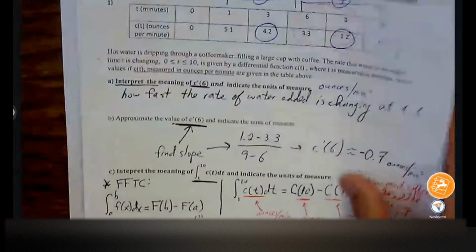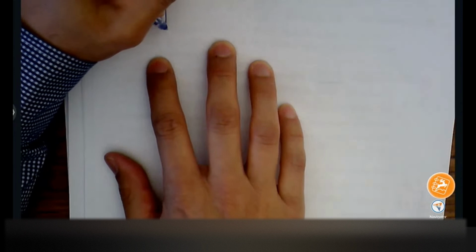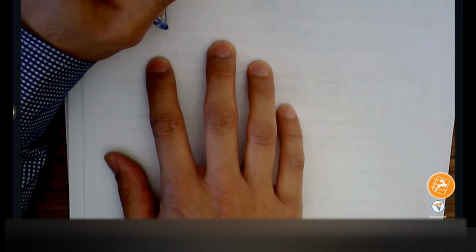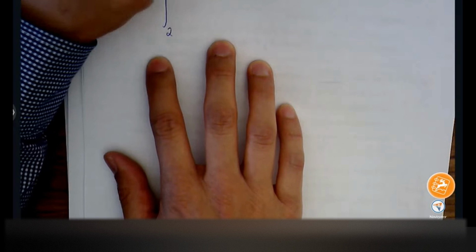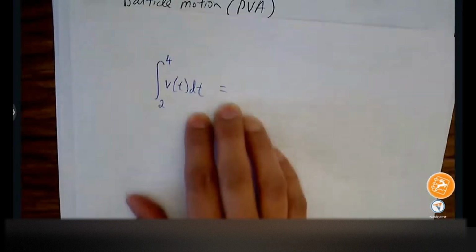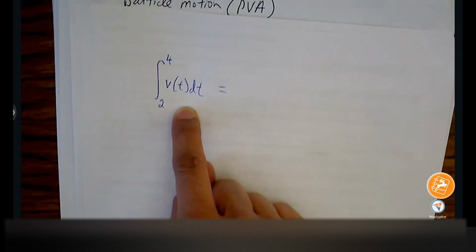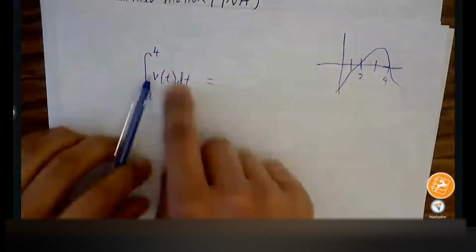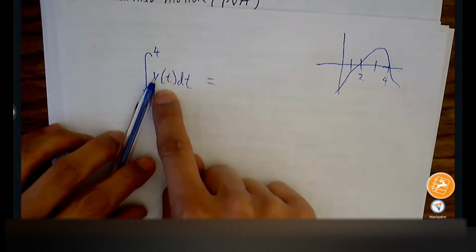So let's say I told you the integral from 2 to 4 of v of t dt. All right. So maybe from a visual perspective, what's the unit of velocity going to be?